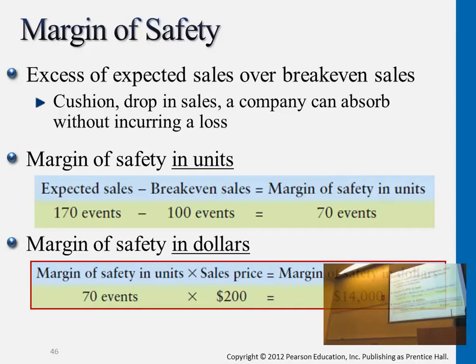So we look at margin of safety from the perspective of sales revenue, not the profit side. Usually it's the sales revenue difference, not the profit difference, because remember, profit relates to the cost, to operating income. So usually when we talk about margin of safety, it's in the aspect of sales revenue.